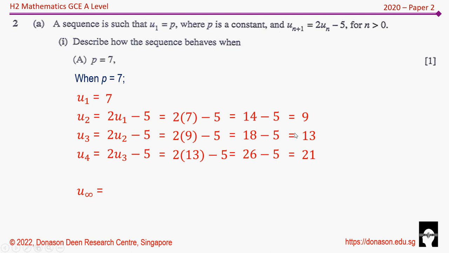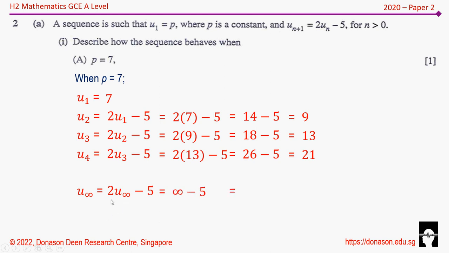As I keep increasing all the way right till I reach infinity, what would happen to u infinity? It's going to become very large, right? So it's also going to turn to twice u infinity. If the n plus 1 term is infinity, the term before that must have also been infinity, right? So twice infinity, subtract away 5.